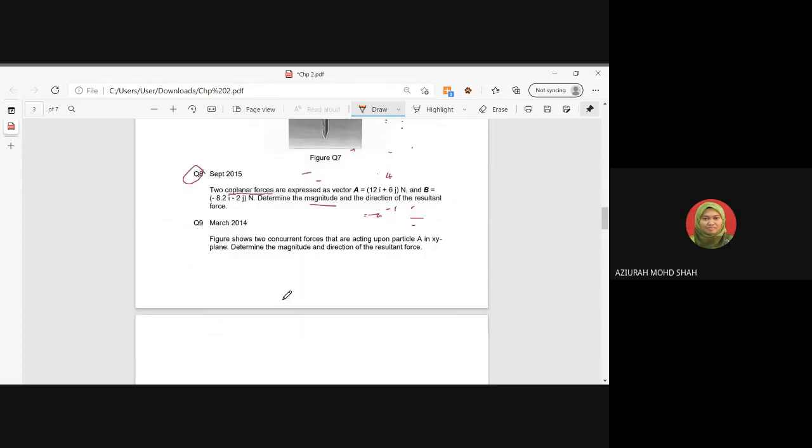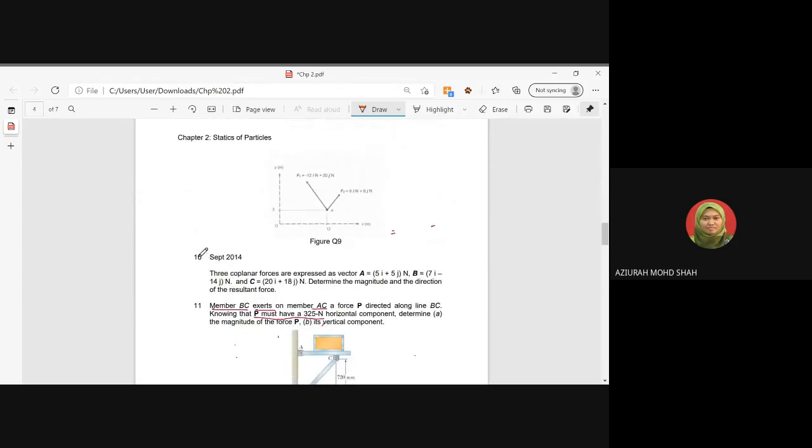Okay, ada. Kita buat 10 lah. Okay, ni. Question 10. We have 3 coplanar forces are expressed as vector A, B, and C. Determine the magnitude and direction of the resultant force. So what we should do to get the magnitude for the resultant force?